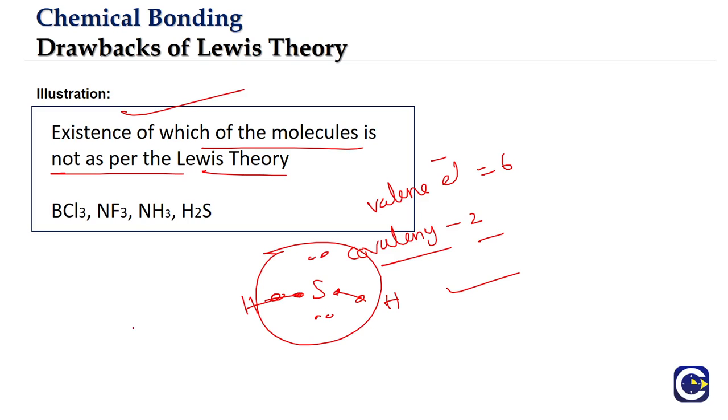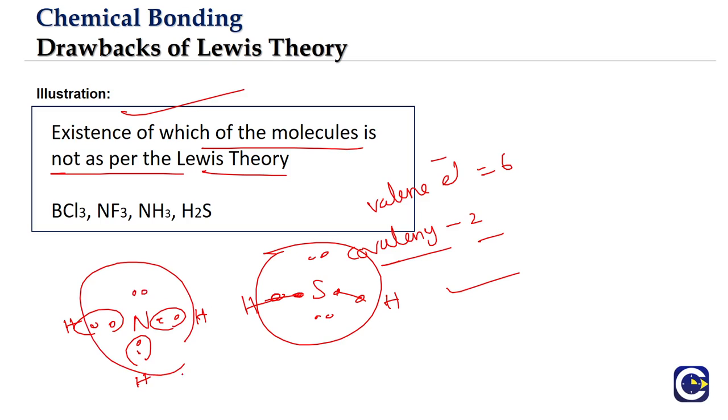What about ammonia? We have discussed enough about it. Nitrogen forms one bond with each of the 3 hydrogens, and it has 2 more electrons, which will be the lone pair. The total number of electrons around nitrogen is 8, so it reaches the octet. In H2S also, sulfur reaches the octet, so this is also possible. What about the NF3 case?